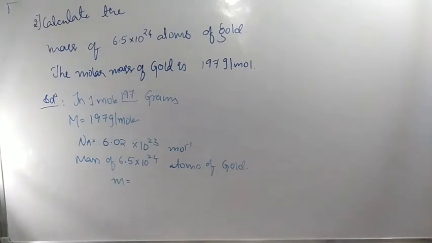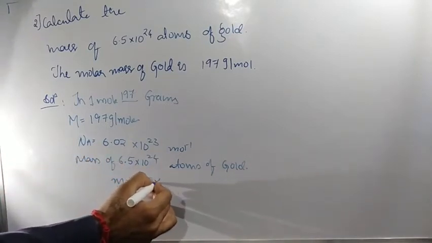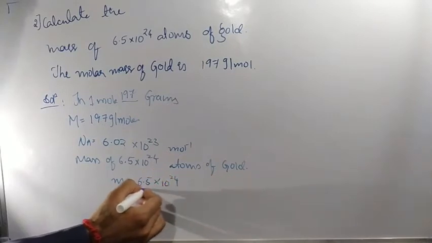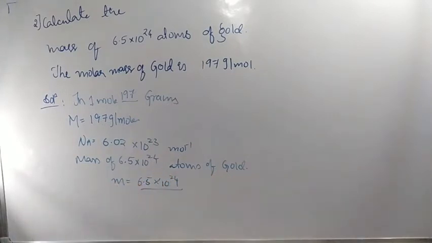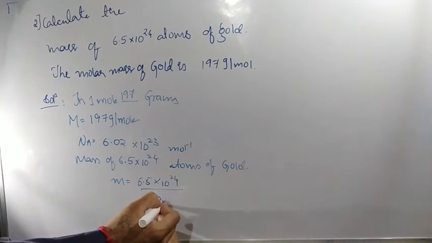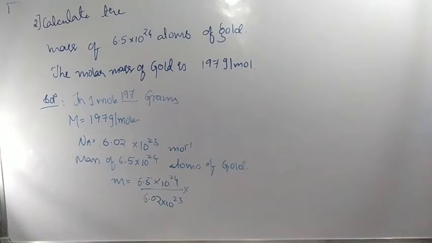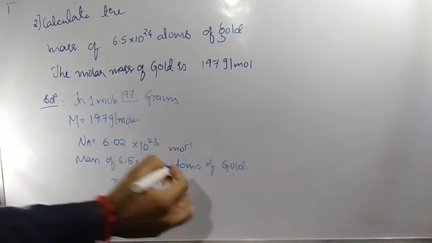So 6.5 into 10 to the power of 24 divided by Avogadro number, 6.02 into 10 to the power of 23, of gold, molar mass how much they had given? 197.